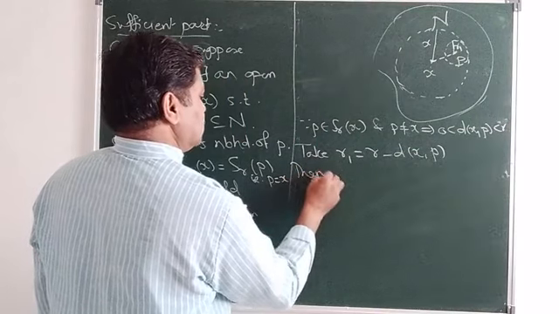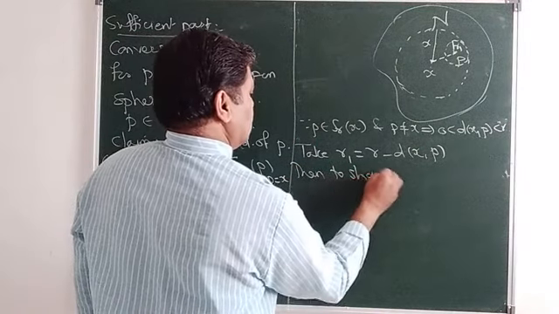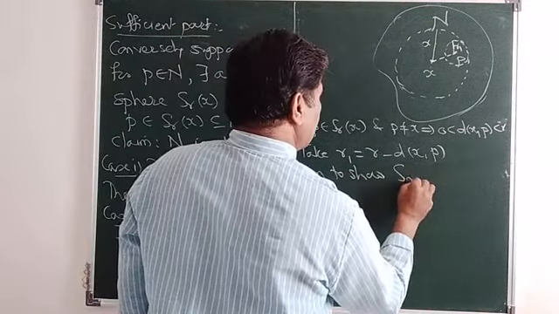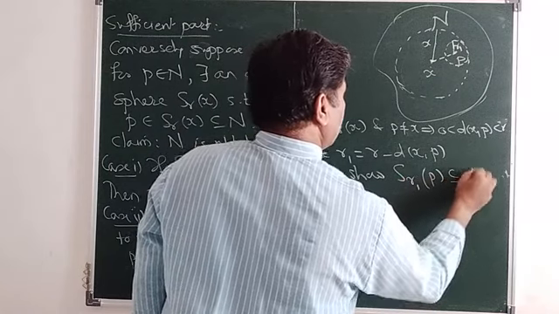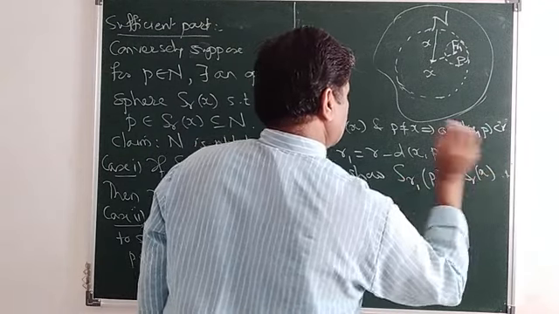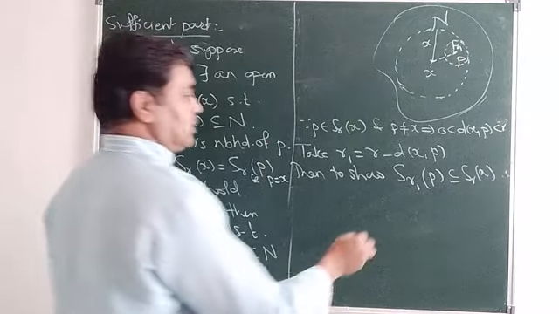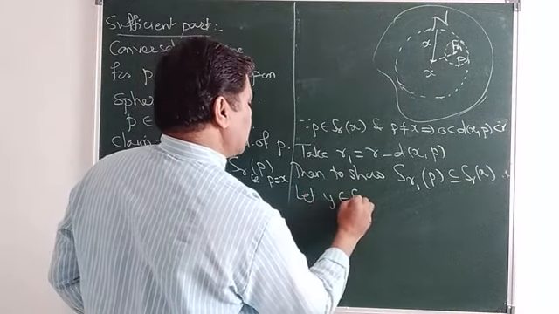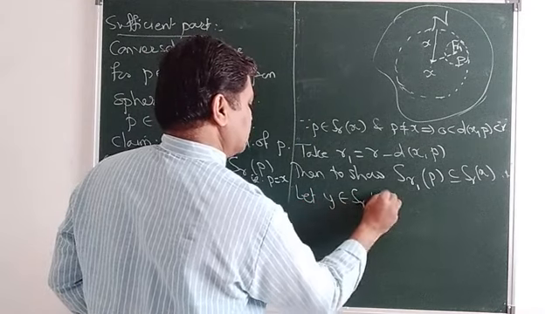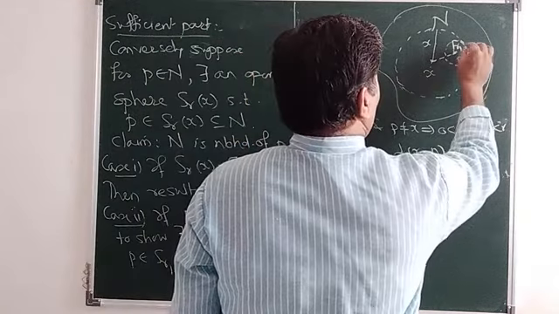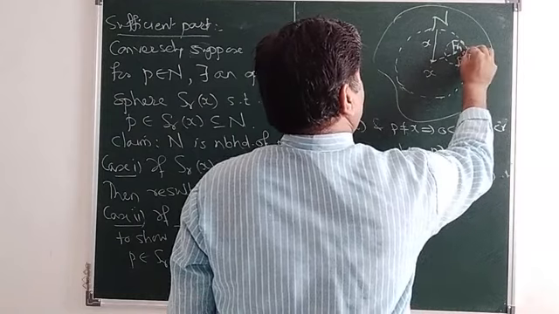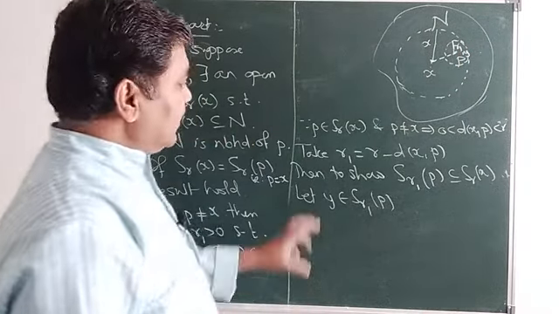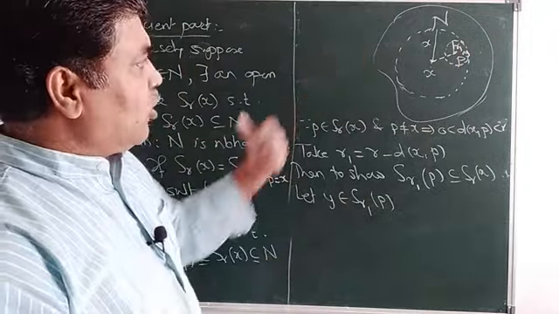Then we'll show that S_R1(P) is a subset of S_R(X). So let Y belong to S_R1(P). If I take any point Y in this, then it lies in S_R(X). Geometrically you are observing that.